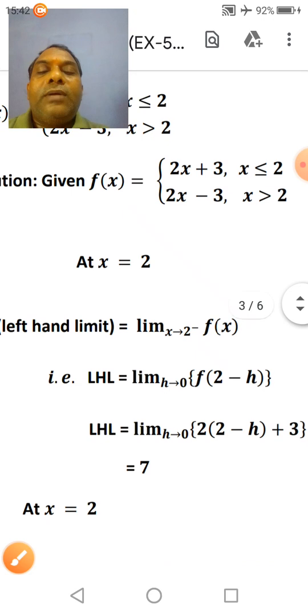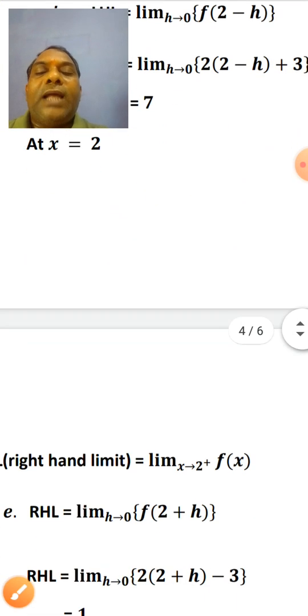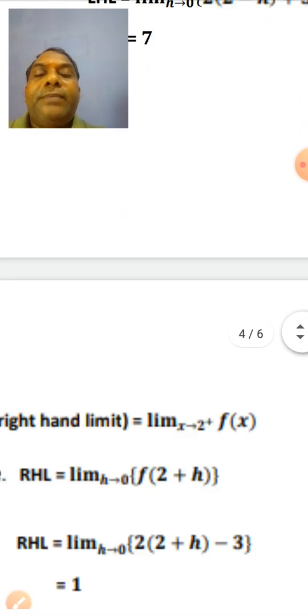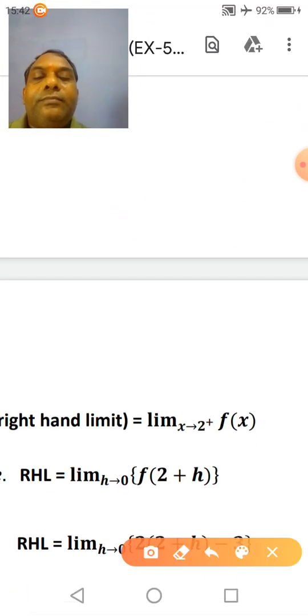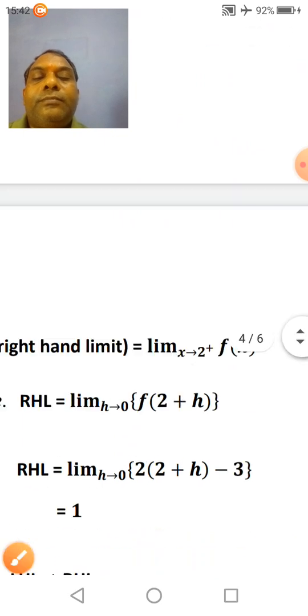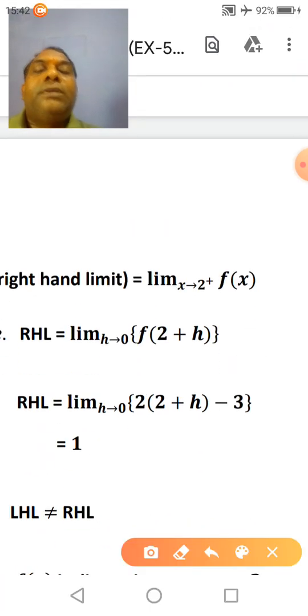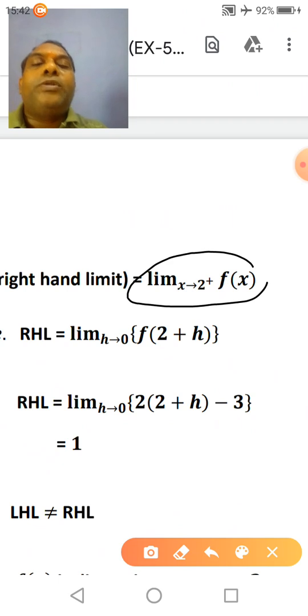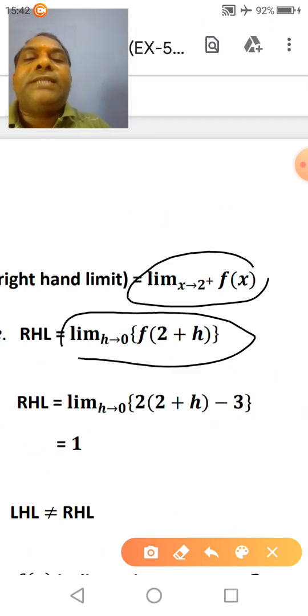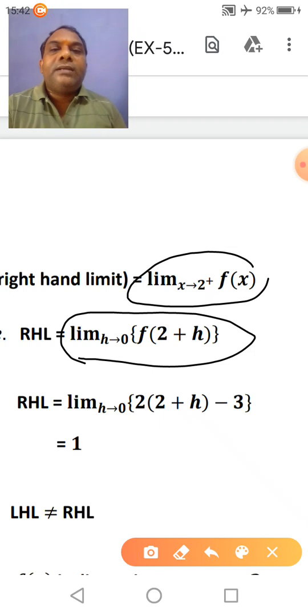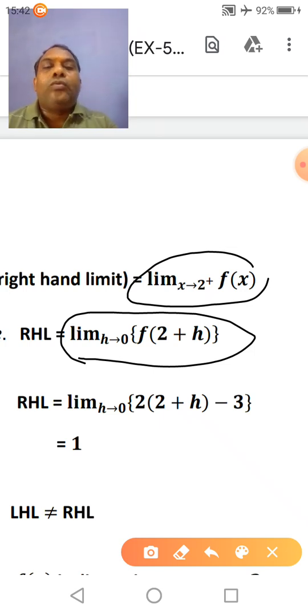Now at x is equal to 2, find RHL. RHL will be limit x tends to 2 positive f(x), which is equal to limit h tends to 0 f(2 plus h). In case of RHL, you have to consider the function where x is greater than 2.